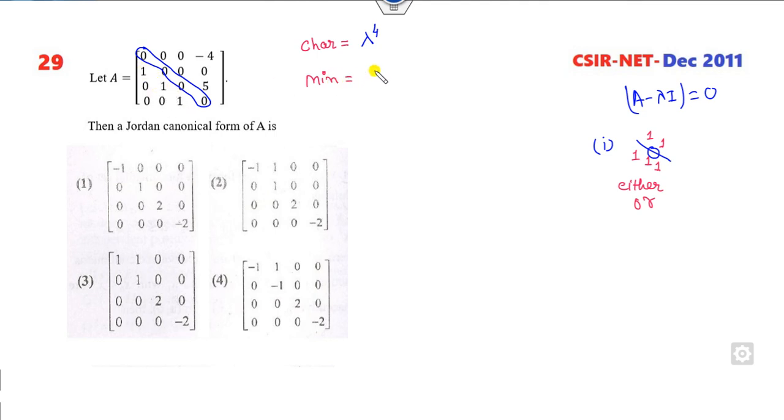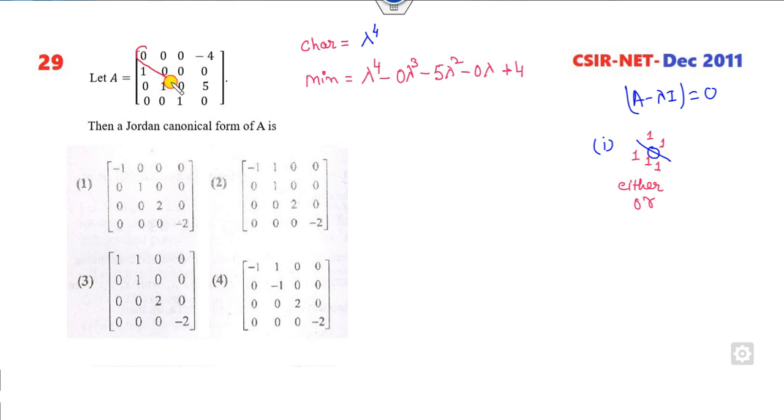Then you can write the minimal polynomial directly. How? Below are my 1, so start from here. Minus 0 lambda cube, minus 5 lambda square, minus 0 lambda, plus 4. Clear?